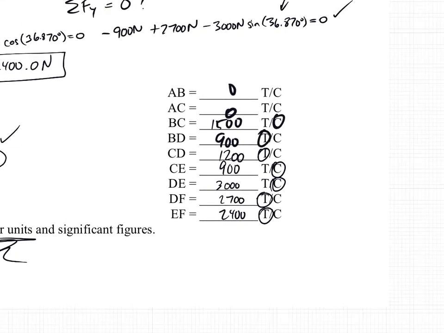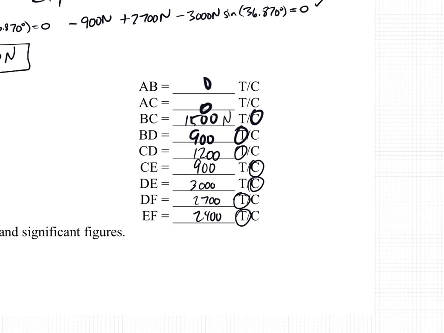Okay, so we're going to check our units, and my units are not there. So newtons, newtons, newtons, newtons, newtons, newtons, newtons. And really, since I asked for 3 sig figs, I'm not going to take off on this for people doing this because I feel like half the class is going to do this. But this should have been 1.50 kilonewtons in compression. This should have been 0.900 kilonewtons in tension.